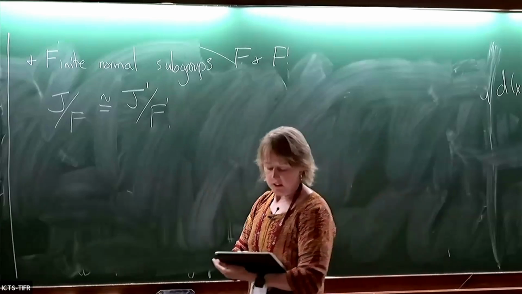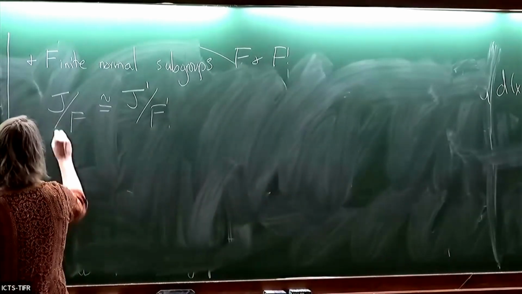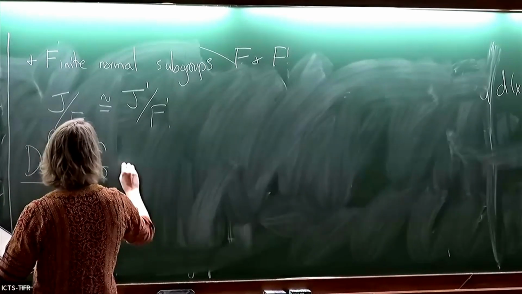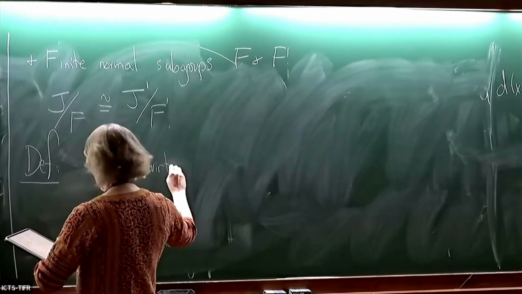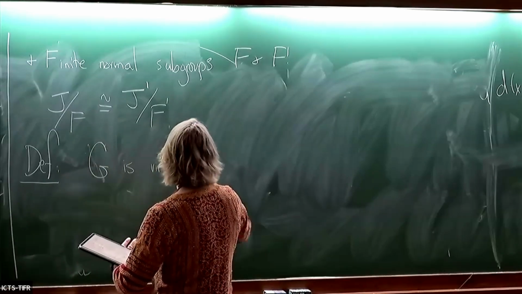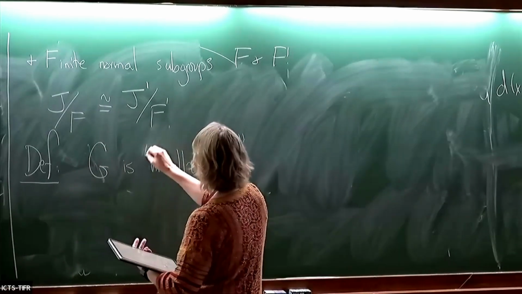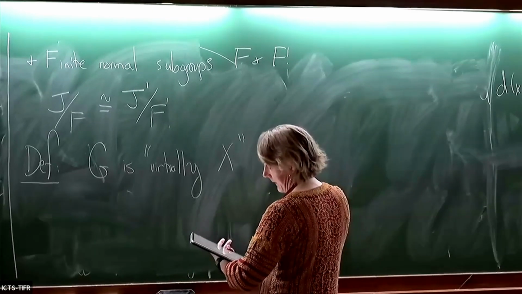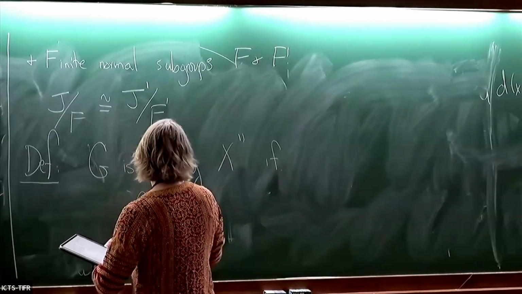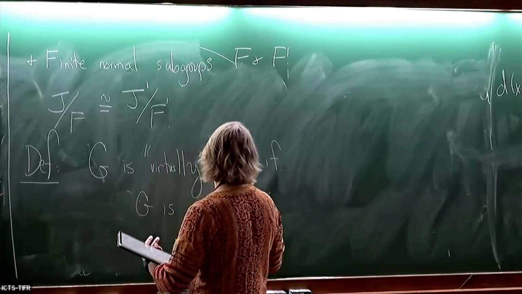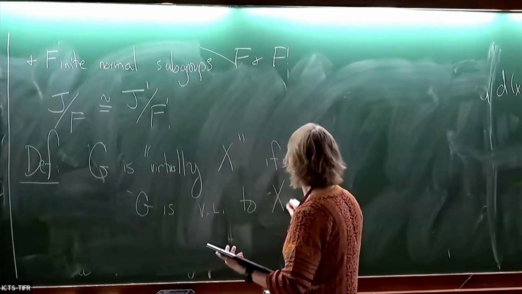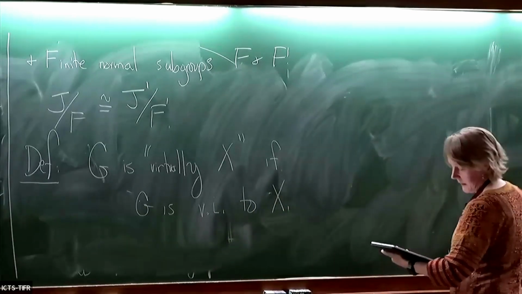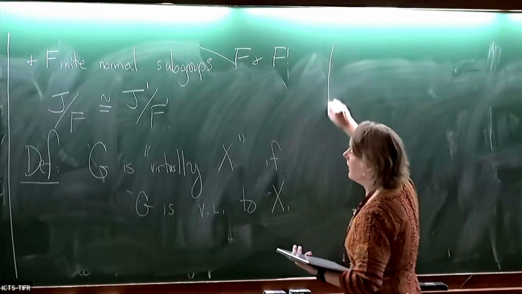Okay, so some questions, and then we say, definition: G is virtually X if G is virtually isomorphic to X. Let me give some examples here. Now we can talk about QI rigidity.